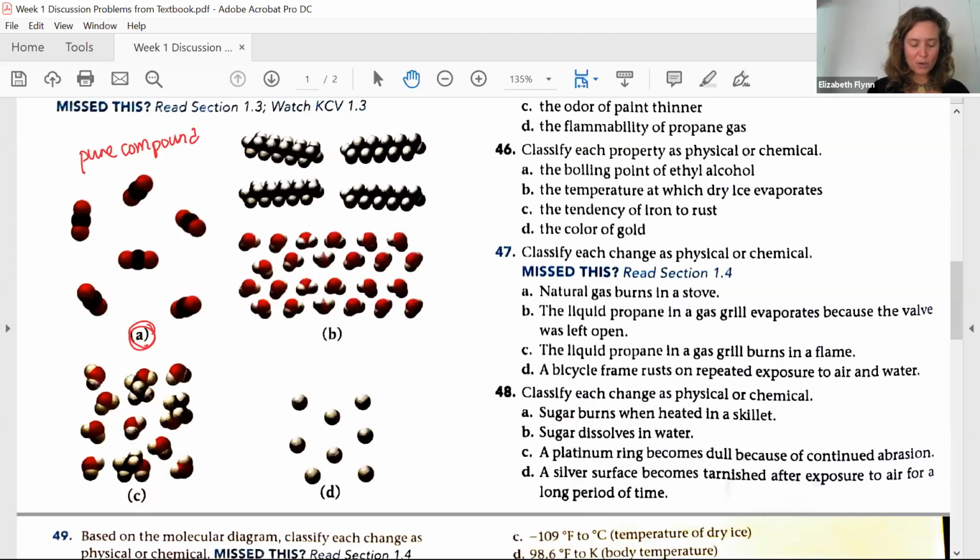Okay, let's do B. Is water here in B? Here we see water, right? O, H, H. So is this a pure compound, a pure element, a homogeneous mixture, or a heterogeneous mixture? Yeah.